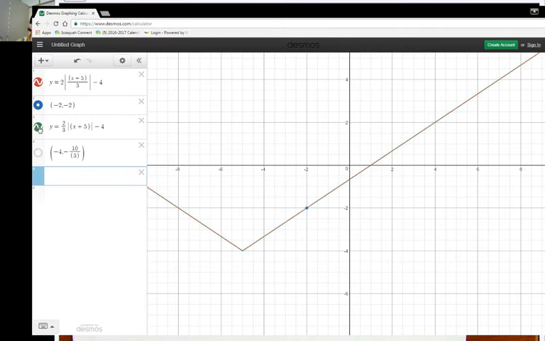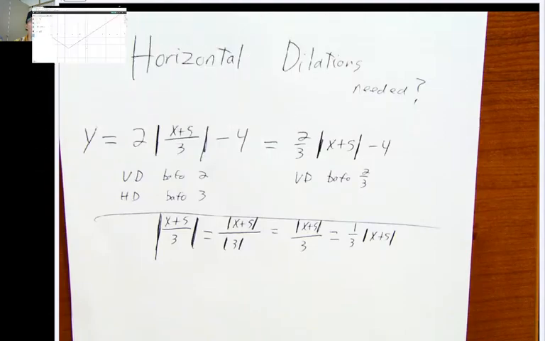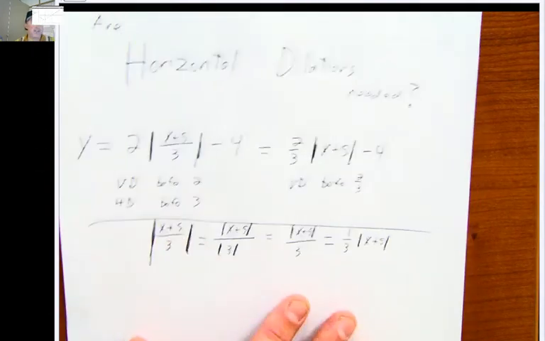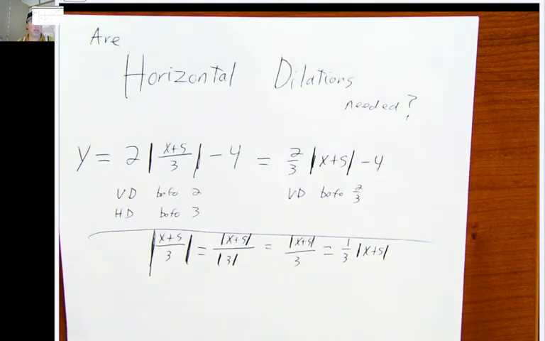What would be weird is the next key point, because if this one has a vertical dilation of 2/3, if you went to the right 1, you'd go up 2/3, which would give you a key point with a y value of -10/3, which is on the line. So, to answer the question, are horizontal dilations needed?